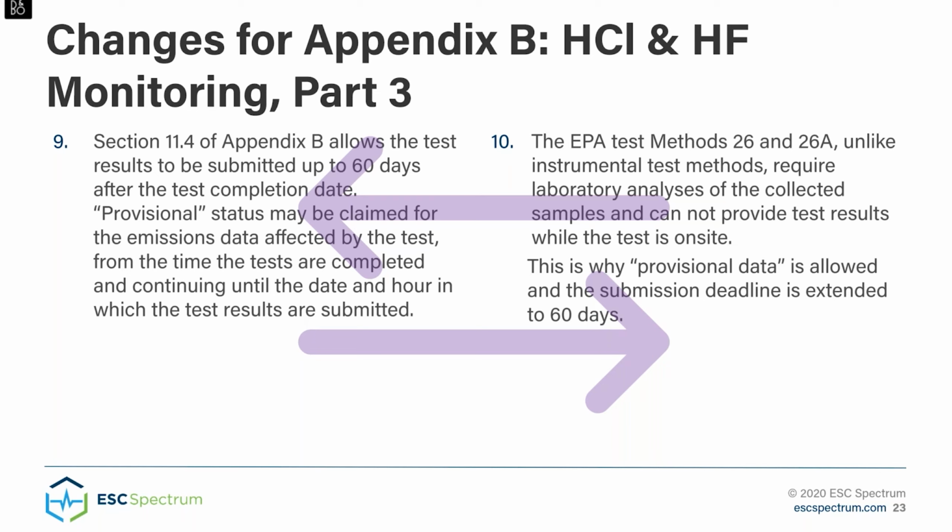Until that data is available, the hourly data can be marked as provisional. And if that data that comes back is satisfactory, then that provisional data can become regular data. So again, if you operate an HCl or HF monitor, you need to read these slides a little bit more carefully so that you understand the benefit of using provisional data and the requirements of using that.